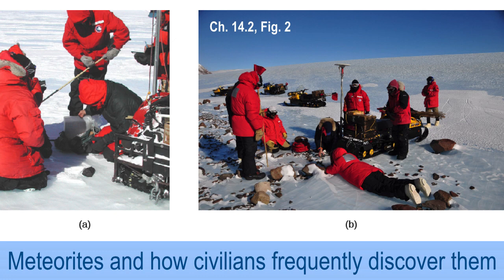Apparently down there, it's very easy to find rocks that fall to Earth, because everything's white, all that snow and ice. So it makes rocks stand out. I don't think all those rocks are meteorites, but I'm sure that's what they're looking for. And we've found a lot of meteorites in Antarctica, including some that are from Mars.